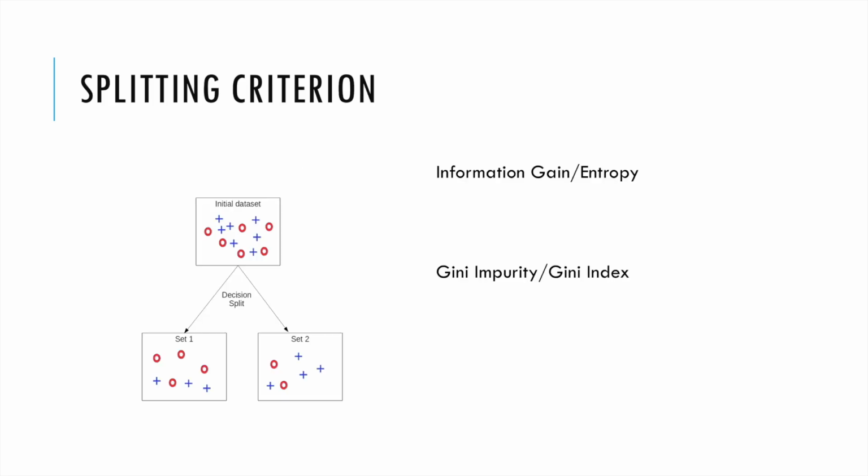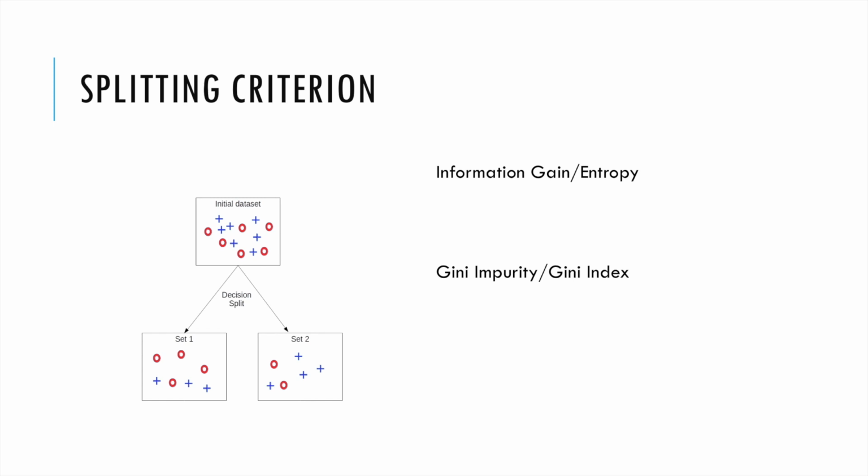For the tree algorithm, it's very important to know the splitting criteria. For the tree, we first have a group of data, and then we use some criteria to split it into smaller sets until we reach our final decision tree. So the metric for splitting the data is very important.